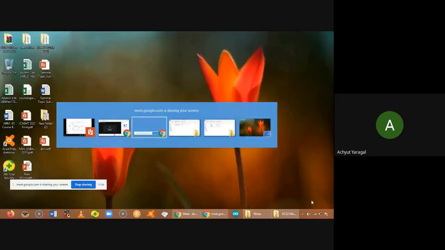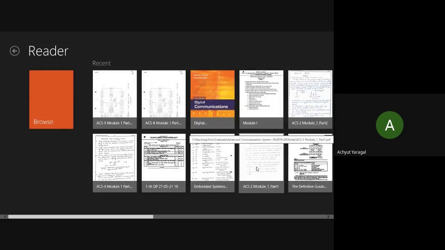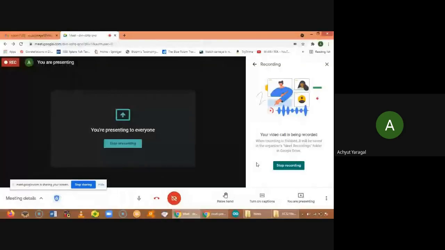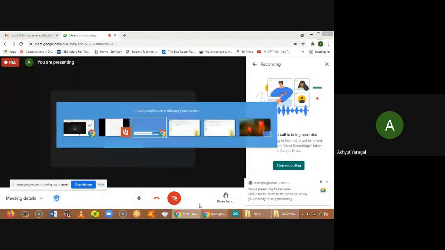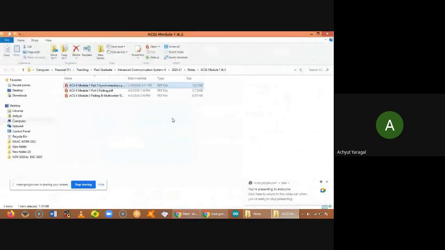Let us move on to the next topic, which is the last topic, ML estimation.